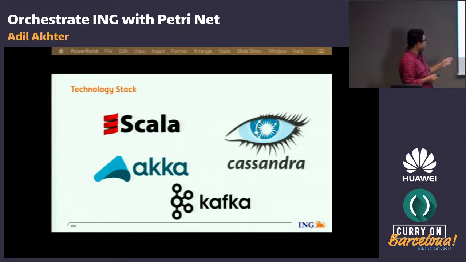It's important to know that all the events coming in for every process are handled by one persistent actor. For every process we create an actor, and this actor receives all the events from outside and processes them by firing the interactions, or transitions in Petri Net terms.